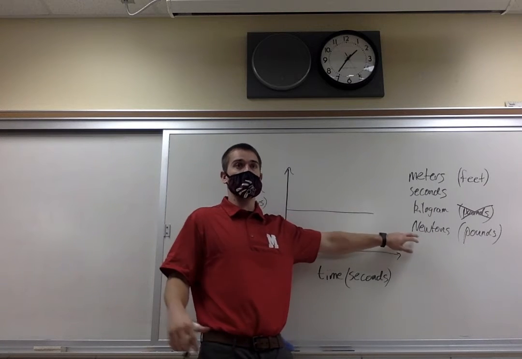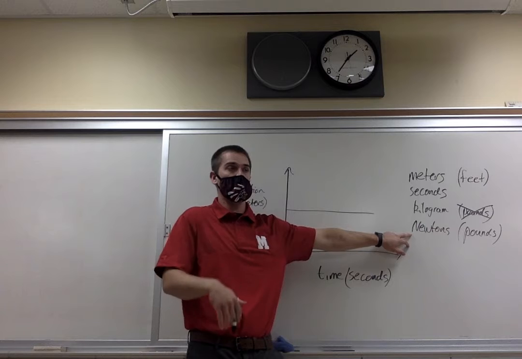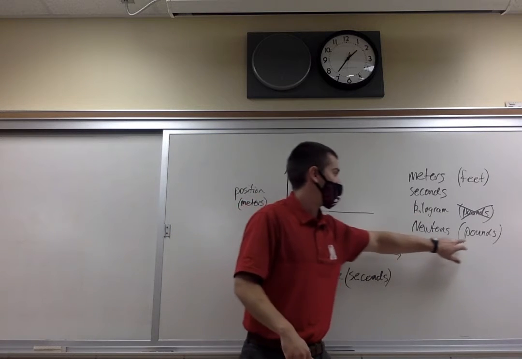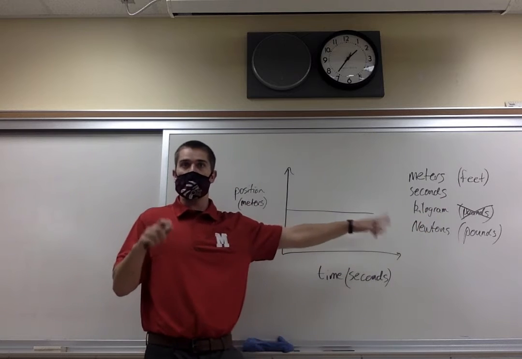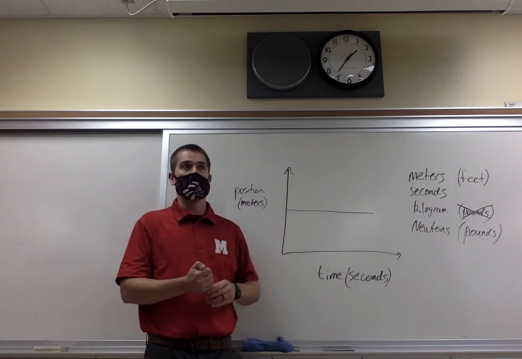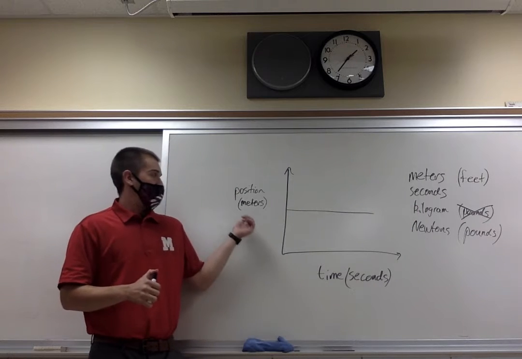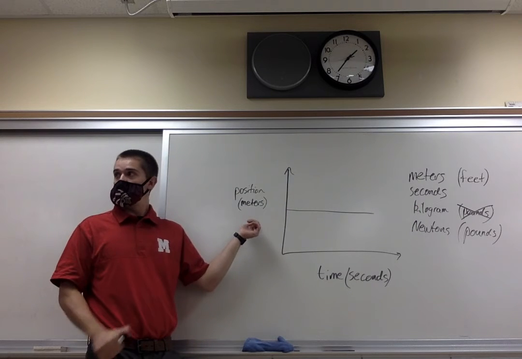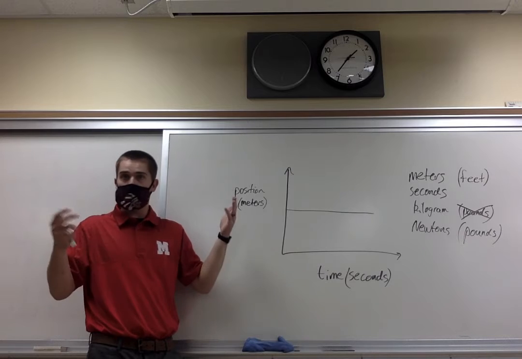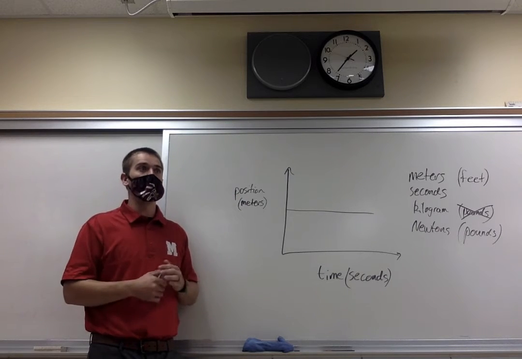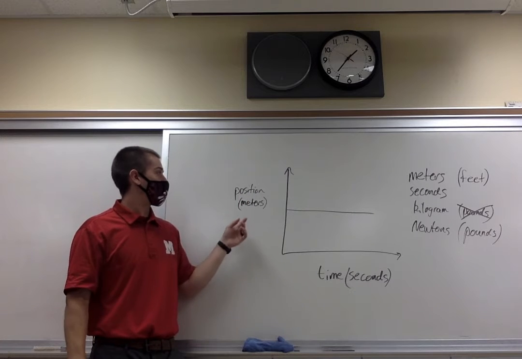A weight is how strong the pull of gravity is on how much mass you have. So pounds is the US version of weight or force in science class. That's just a little tangent. Coming back to this, that's why I have meters, not feet, which you would probably think of as the typical position unit, but we use the metric system.